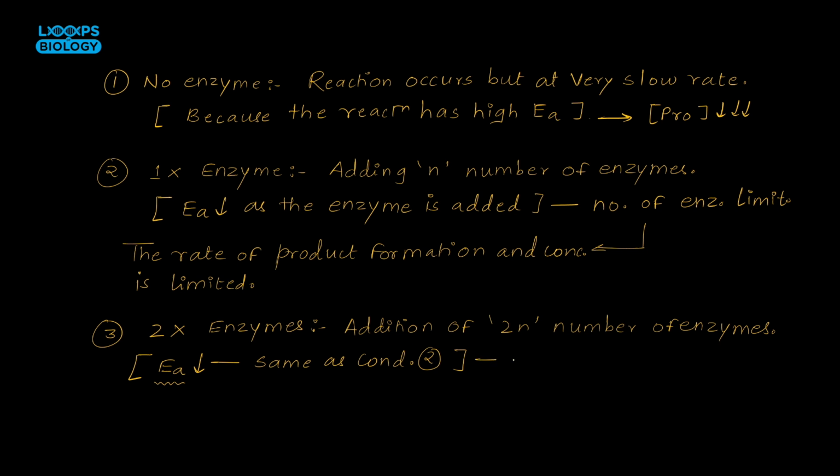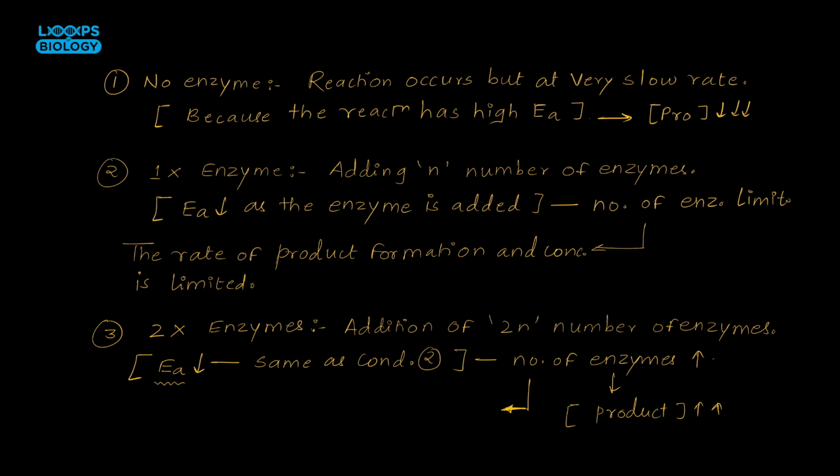Whenever the number of enzymes is increased, that means the product concentration is going to be increased. But what will happen to the product concentration in a limited substrate amount?